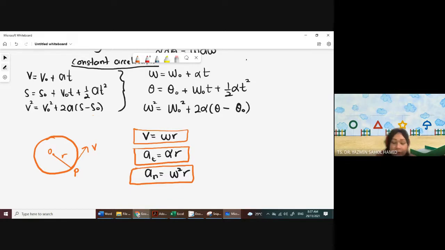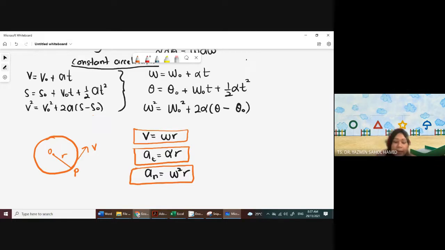That one you understand, yeah? And for the translation of a rigid body, the velocity and acceleration are the same for any point on the rigid body.